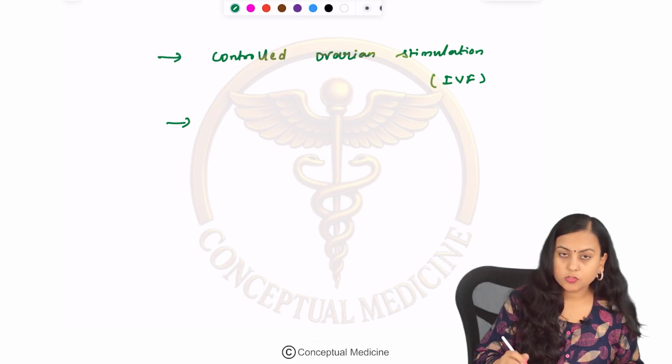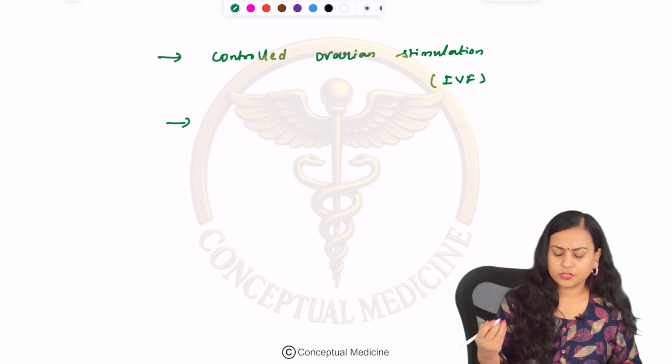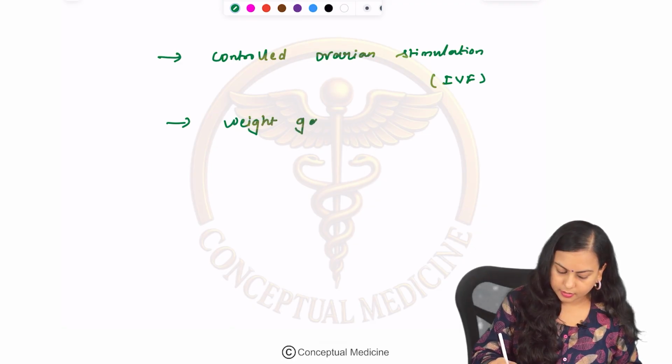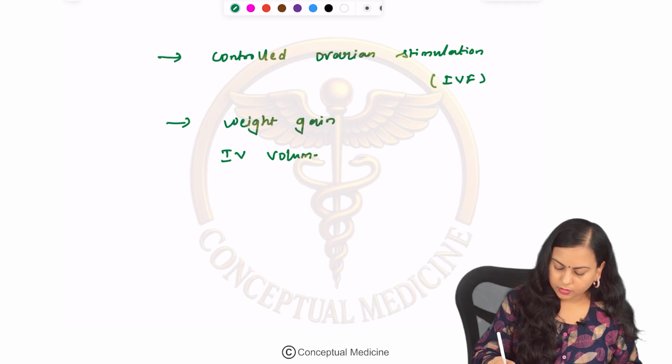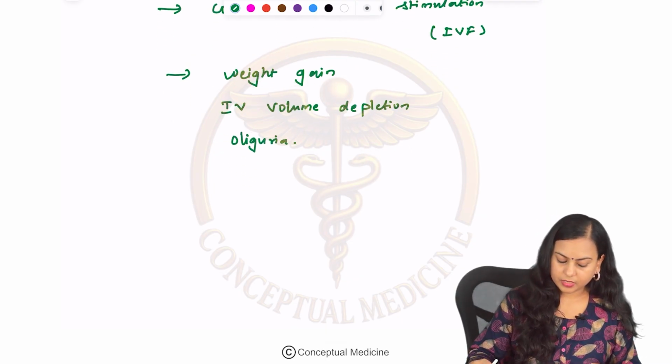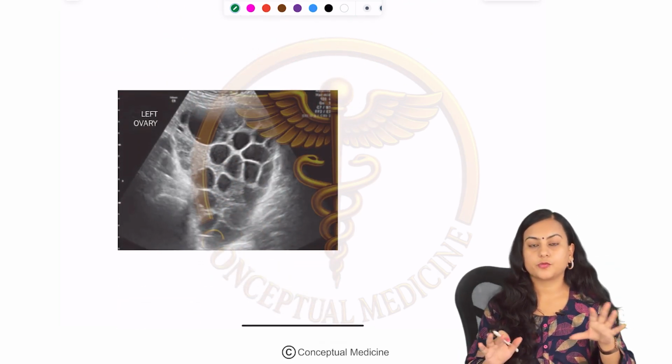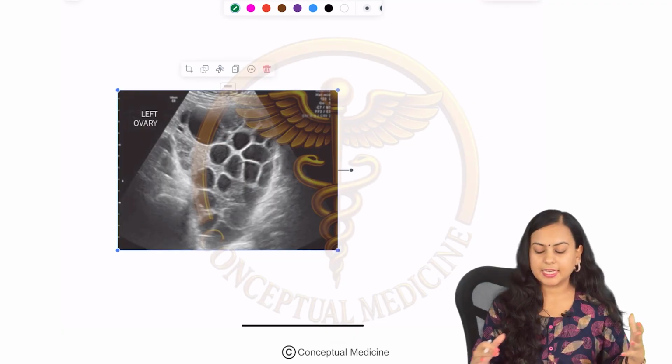So the patient will also have, apart from pleural effusion, ascites, whatever, the patient will also have weight gain, then intravascular volume depletion as well as oliguria. Clear? Right. I am not going into the treatment, management, everything. Okay, then the session will be very lengthy.